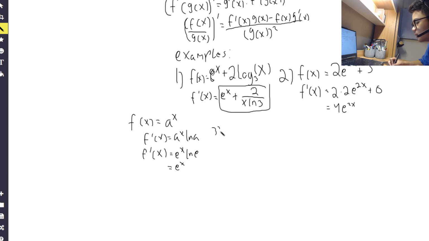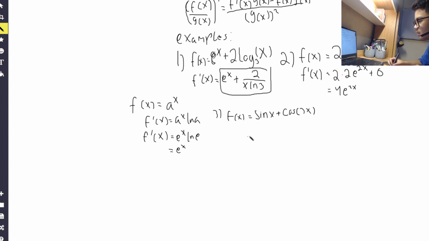Now number 3, f(x) equals sine of x plus cosine of 3x.